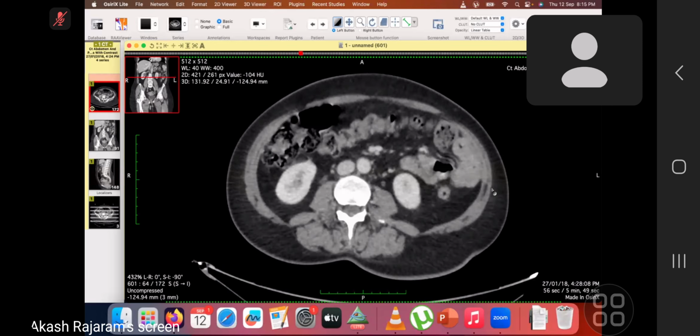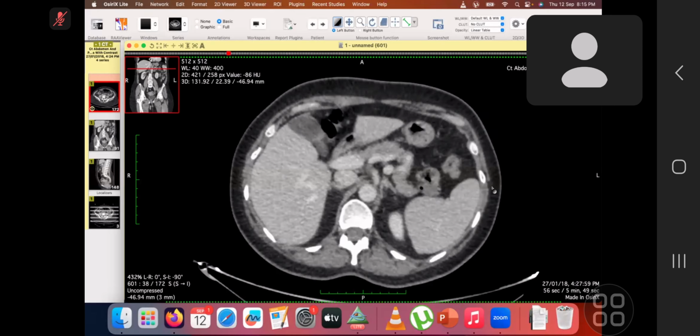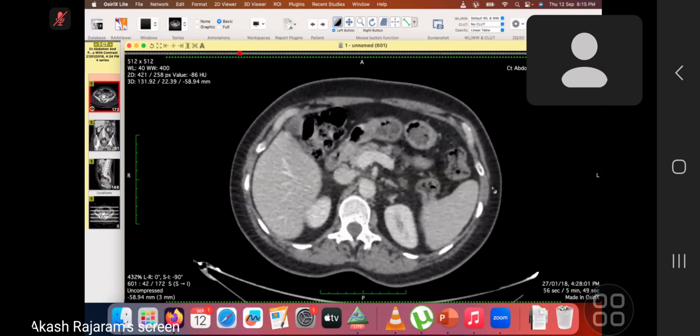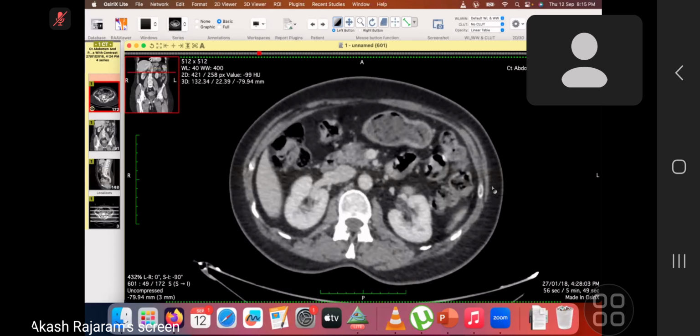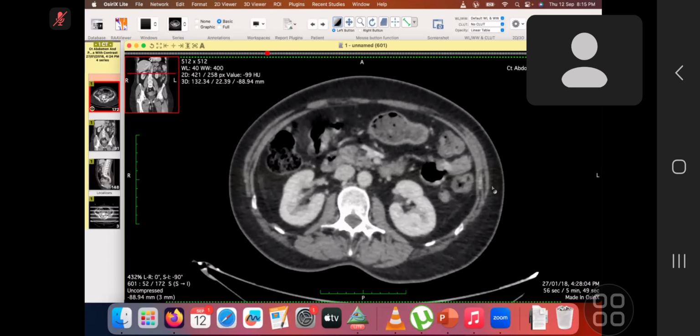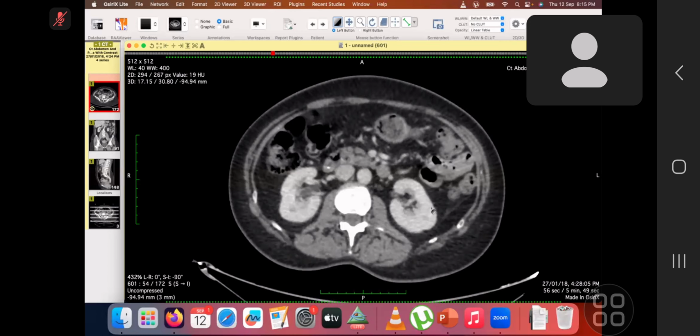No abnormality detected in the pancreas. I'm suspecting the left kidney may have some bulge here.